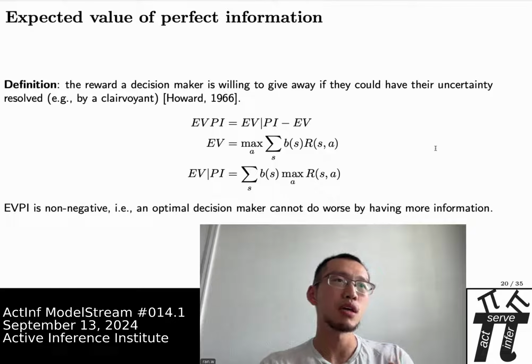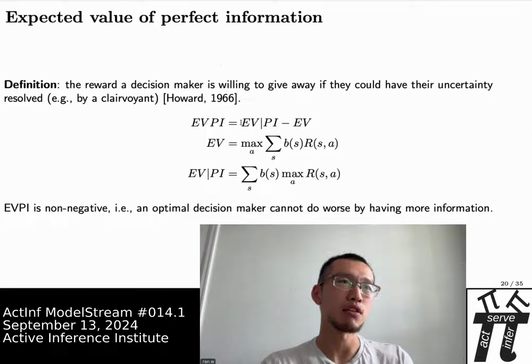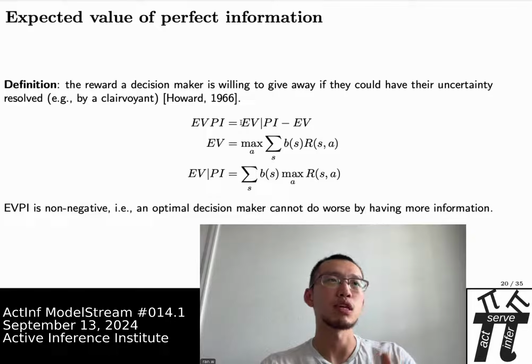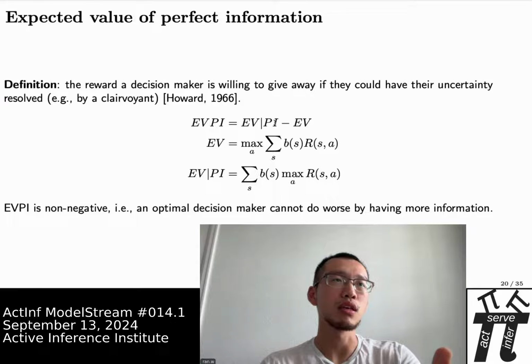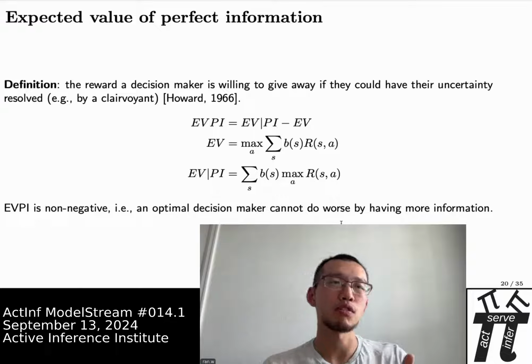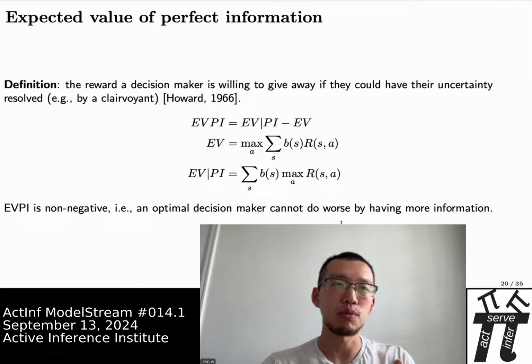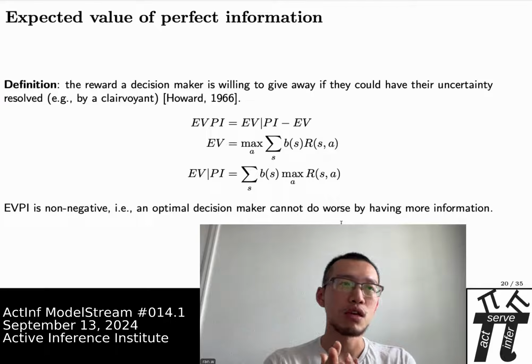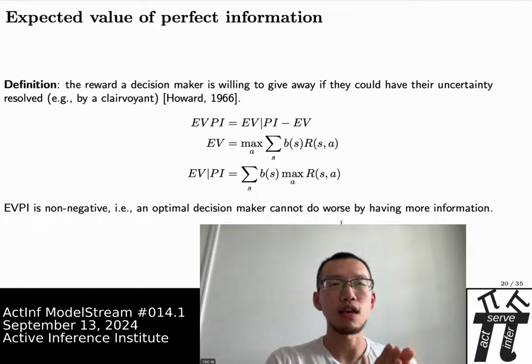If you commit to this definition, then you can quantify the value of information simply as the difference between the expected value given perfect information and the expected value without perfect information. One very appealing fact about this is that because an optimal decision maker cannot do worse by having more information, the expected value of perfect information is always non-negative, at least in the single agent setting.